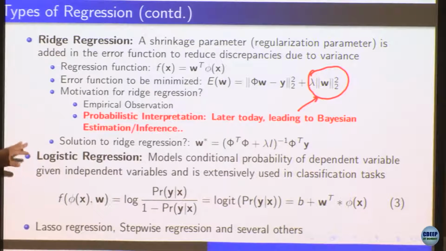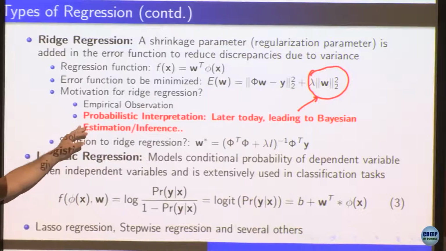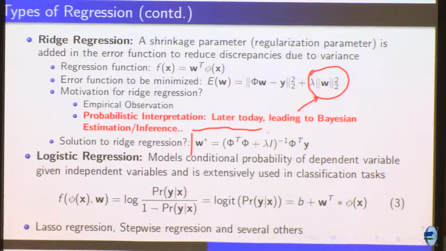Now it turns out that while we defer the justification to a few slides later, the solution is actually very interesting as well. If you solve using the gradient, basically set the gradient to 0, you get this interesting form, and let's contrast this form with the previous one.